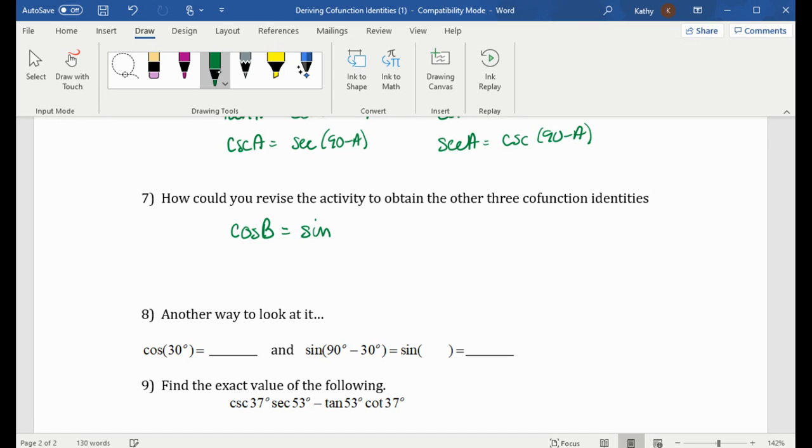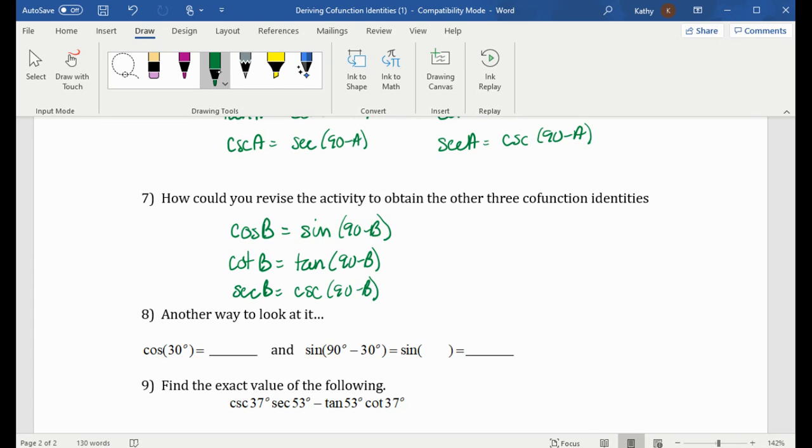Well, it's equal to sine of 90 minus B. Or let's go down our list. Cotangent B is now equal to tangent of 90 minus B. And of course, let's do secant B, and that's equal to cosecant of 90 minus B.